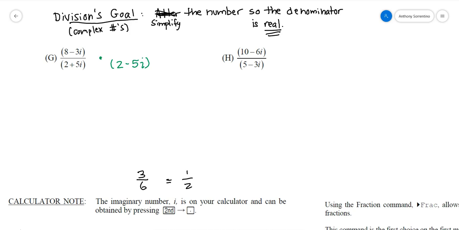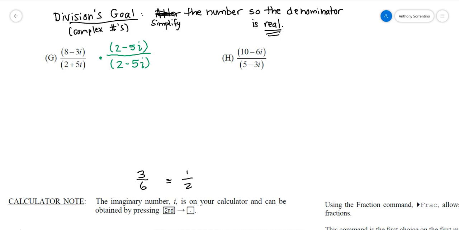So in order for me to simplify rather than alter the number, I'm also going to multiply the top by the 2 minus 5i as well. And the reason for that is when I do so, I'm now officially multiplying this fraction by 1. When I multiply something by 1, nothing happens. The value remains the same.